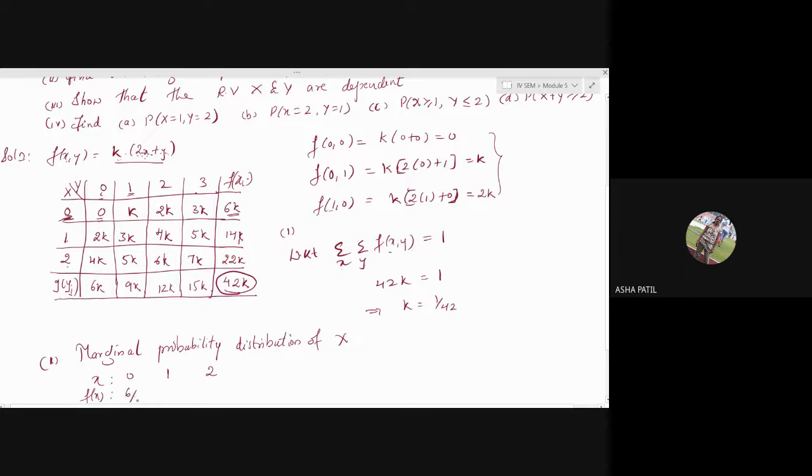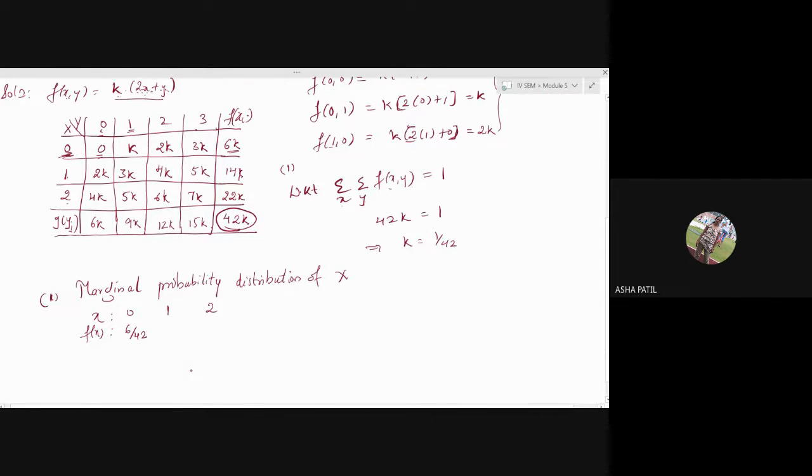We'll write 6 by 42 because k is 1 by 42. Next one, when x is 1, 14 by 42. And when x is 2, that's 22 by 42. So these are the marginal distributions of x.